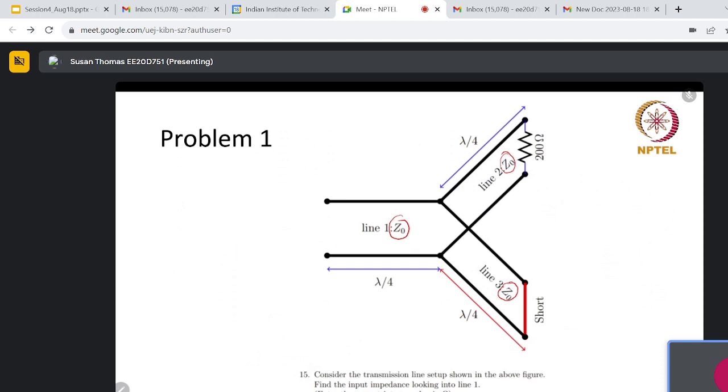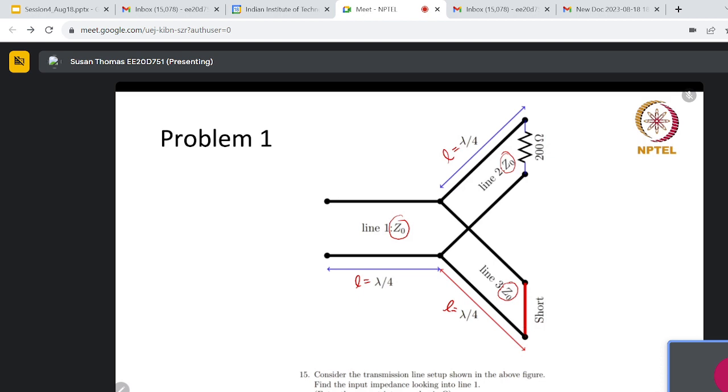All these lines have a length of lambda by 4. On line 2, there is a termination of 200 ohm. And on line 3, the termination is a short circuit.